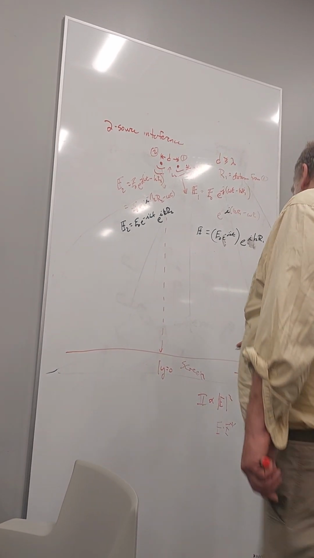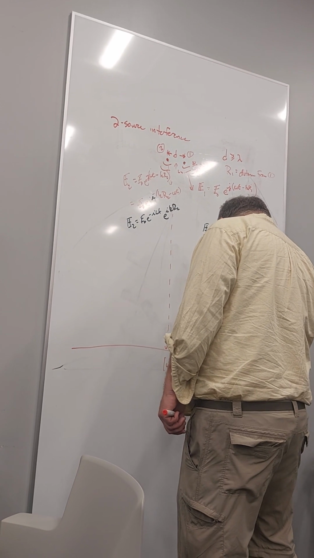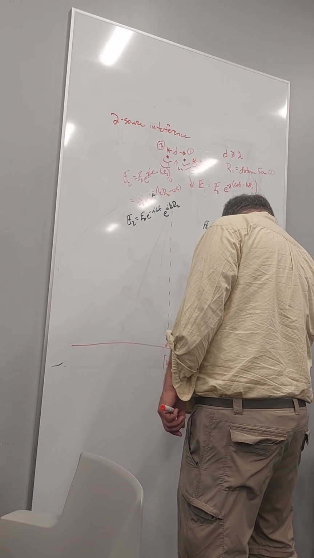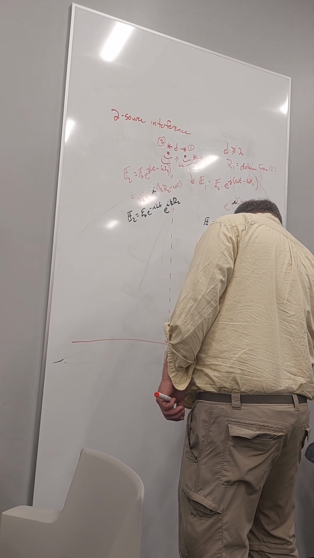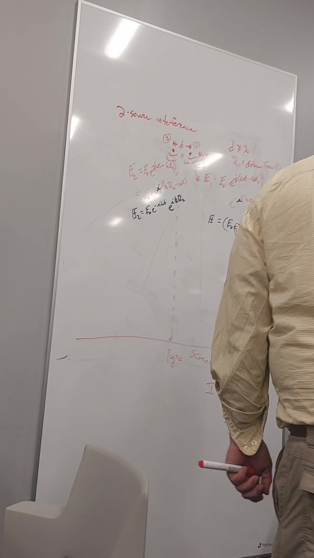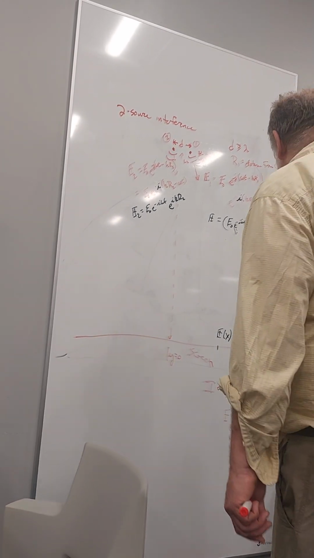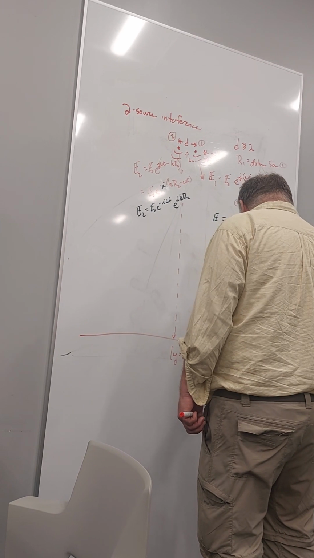And what we want to do is on the screen add up E total as a function of x, which is going to be E1 plus E2. Okay? And so that's pretty easy to do.